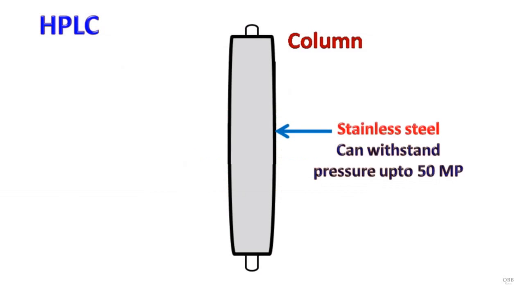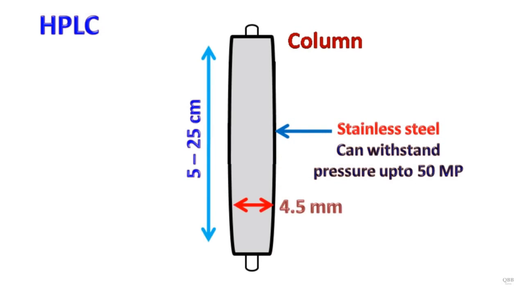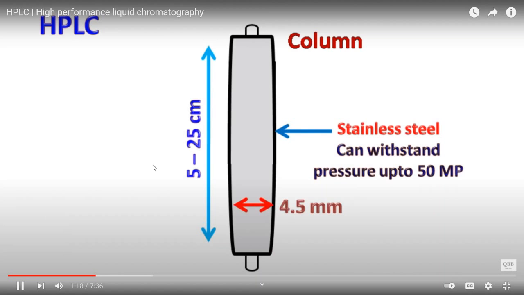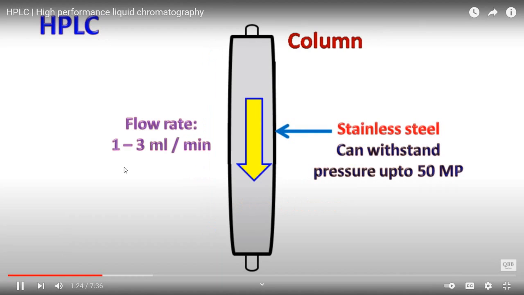The column is made up of stainless steel which can withstand a very high pressure up to 50 megapascals. The length of the column can vary from 5 to 25 centimeters and have an internal diameter of 4.5 millimeter. The flow rate of mobile phase through the column is usually 1 to 3 ml per minute.